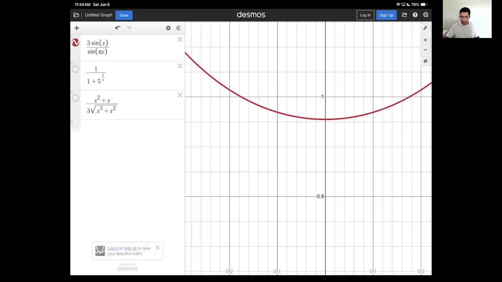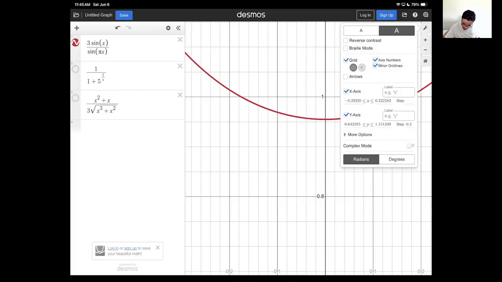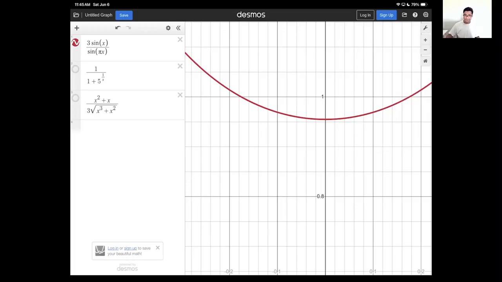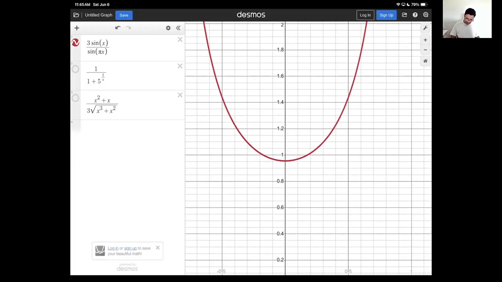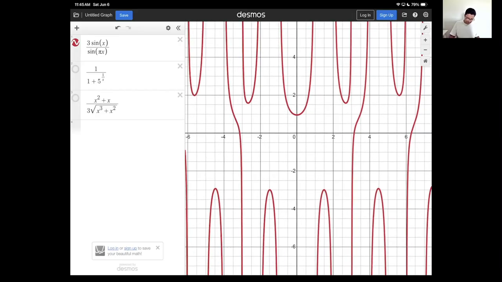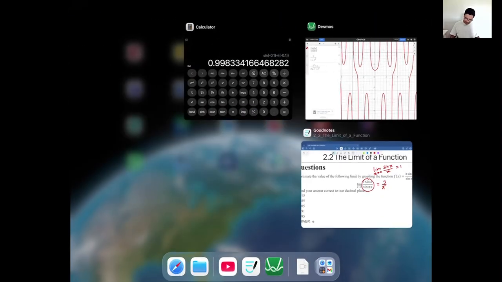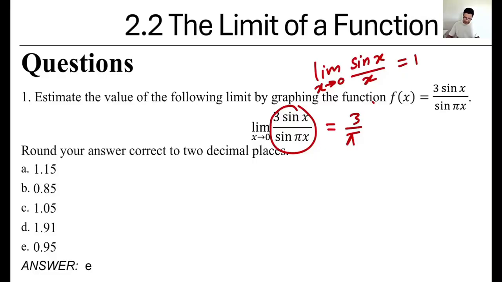Look at the scale carefully. I wish I could make the fonts even bigger, but looks like no. All right. And the rest of the graph doesn't matter. We are talking about the limit as x approaches 0 here. And that is consistent with our understanding of 3 over pi, right?